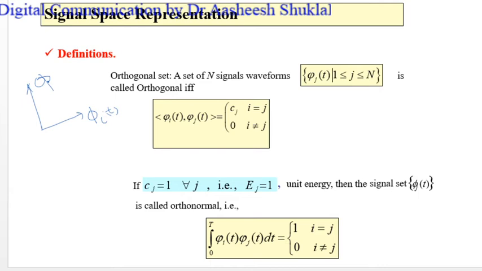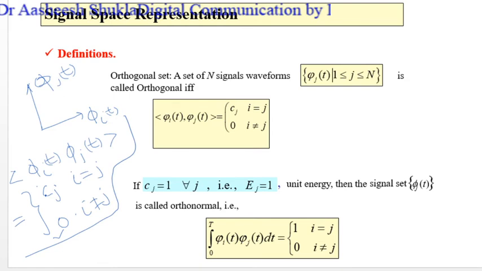You take the inner product of two different vectors, and the value should be 0. If we calculate the inner product of two same vectors, it should be the energy of that signal, which is nothing but Cj. If i is not equal to j, it means we are taking the inner product of two different vectors, then it should be equal to 0. This is the property of orthogonality.